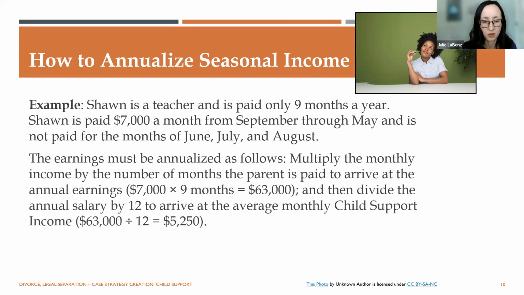So $7,000 per month for 9 months is $63,000. Then take that number and divide by 12 to arrive at the average monthly child support income. So 63,000 divided by 12 is 5,250 a month. So that would be the amount put in the monthly gross income for this example.